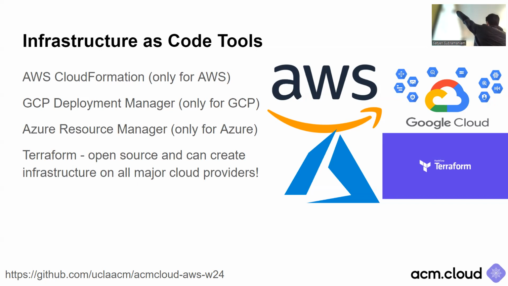With the first three, you're pretty much restricted to that specific cloud manager. If you write infrastructure as code using CloudFormation, it's only going to work on AWS. You can't use it for anything else. But Terraform is unique in that one code can run anywhere, kind of like Java in that regard.